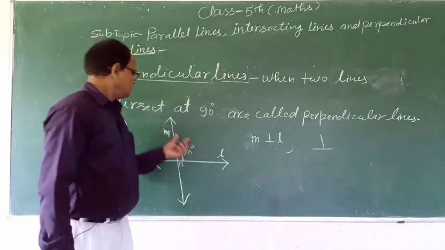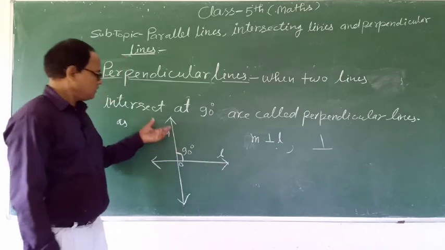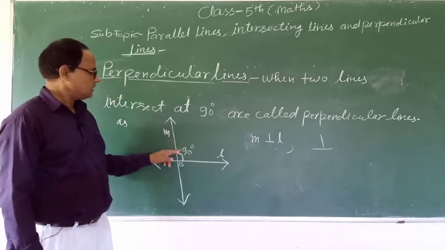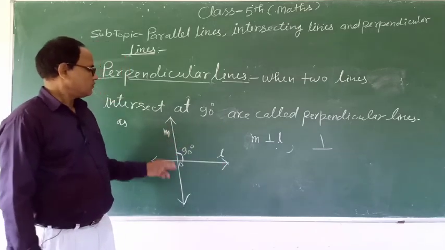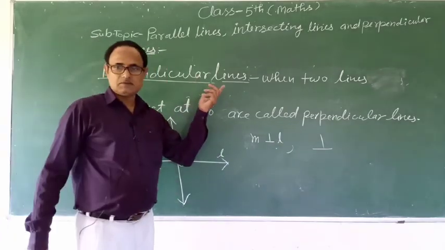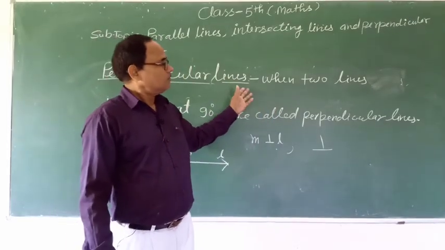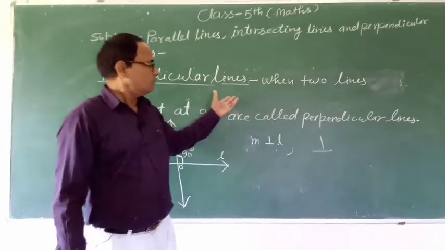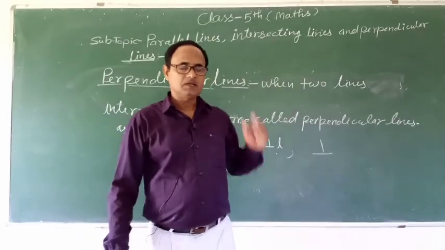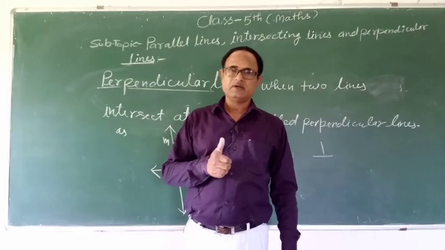Here L and M intersect at O at 90 degrees, then M is perpendicular to L. Okay students, these concepts are very, very important. Write them in your mathematics notebook. After this, the next topic I will teach you tomorrow. Okay students, thank you all.